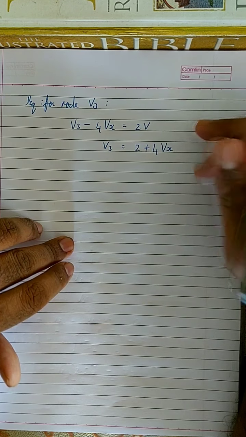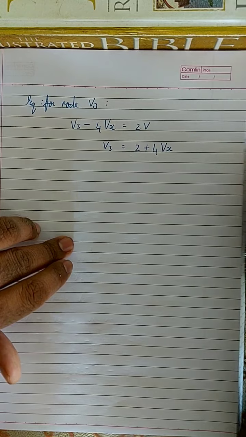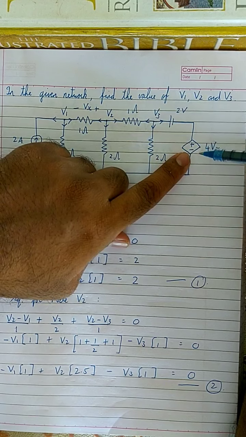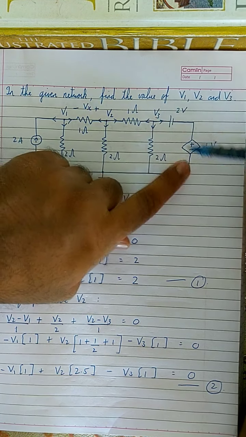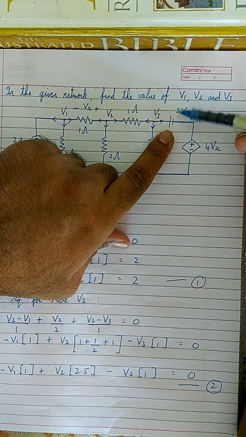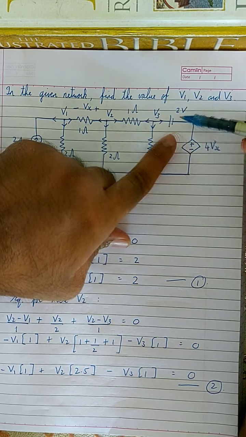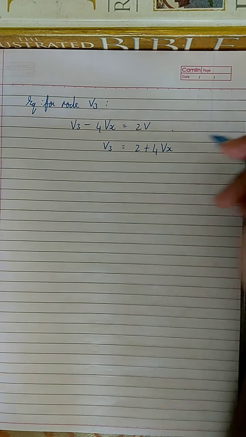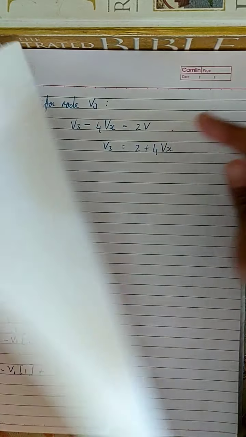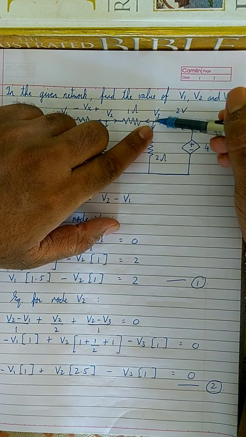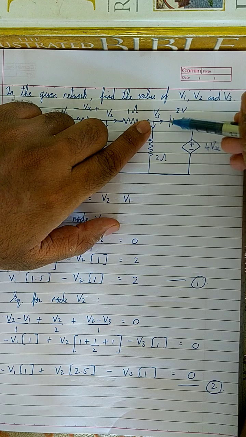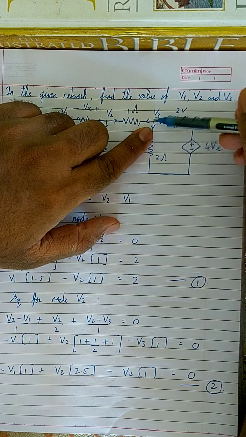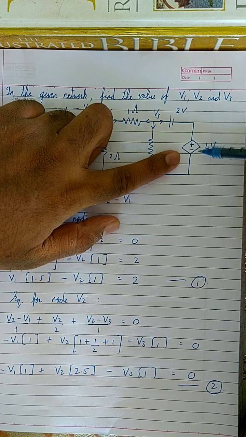Both the equations are the same, and now it depends on which thinking is more comfortable for you. Either you can assume that this is one voltage, this is another voltage, and in between these two there's another voltage source, which means the difference between this voltage and this voltage is this voltage. That is the first explanation. Or you can apply the second explanation: there is no resistor or capacitor or anything over here except voltage sources, which means V3 is nothing but 2 volt plus 4Vx.